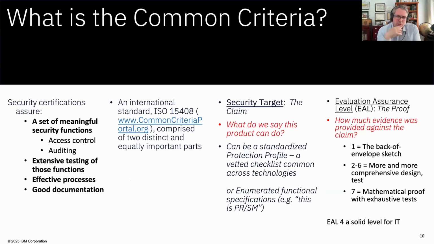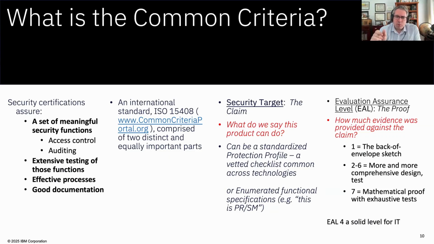So, on that particularly busy slide, one of the standards that was recurring quite often is something called the Common Criteria. This is the largest certification that we do, and it's basically meant to assure security functionality for a given product, not a business, not a person, but a product.